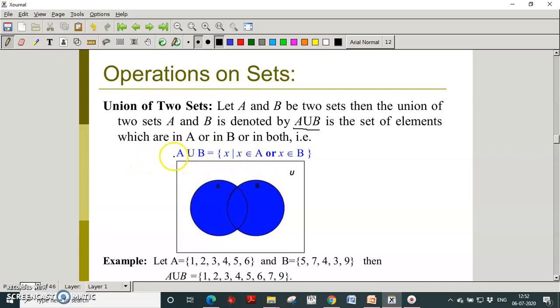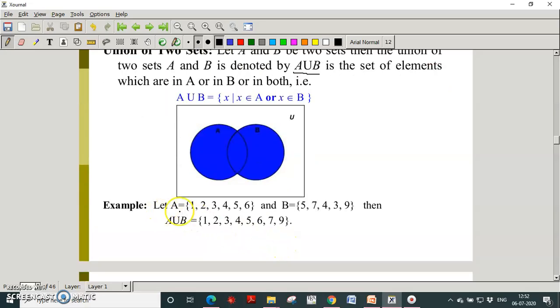Mathematically we write A union B equals {x such that x belongs to A or B}, and this is the graphical representation of A union B. You can say that this is the Venn diagram of the set A union B. The shaded area represents the union of A and B. Here we have taken the example A equals {1, 2, 3, 4, 5} and B equals {5, 7, 4, 3, 9}.